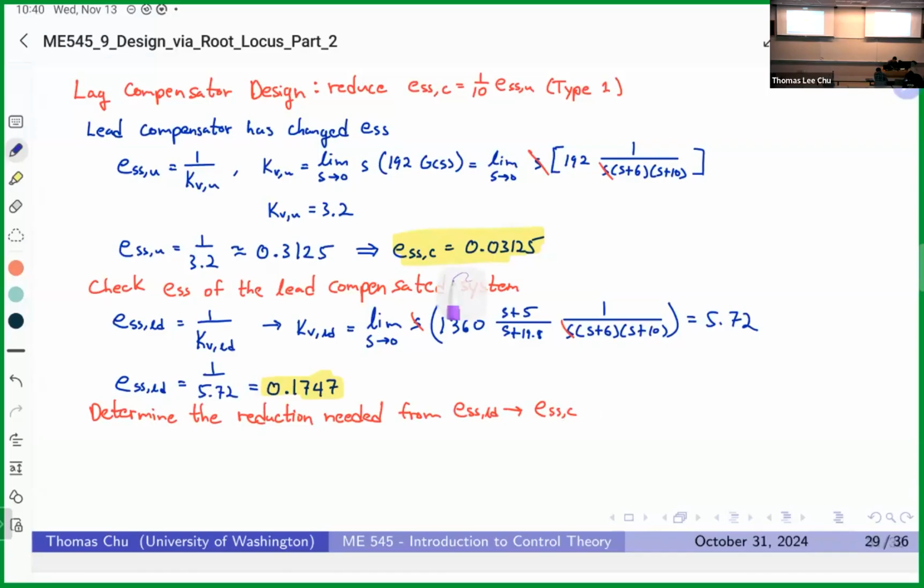So we're going to take the ratio of ESS lead divided by ESS compensated, which is equal to 0.1747 divided by 0.03125, and we get 5.59. So we need a 5.5 or 5.6 times reduction from the lag compensator to get this final number of 0.031.